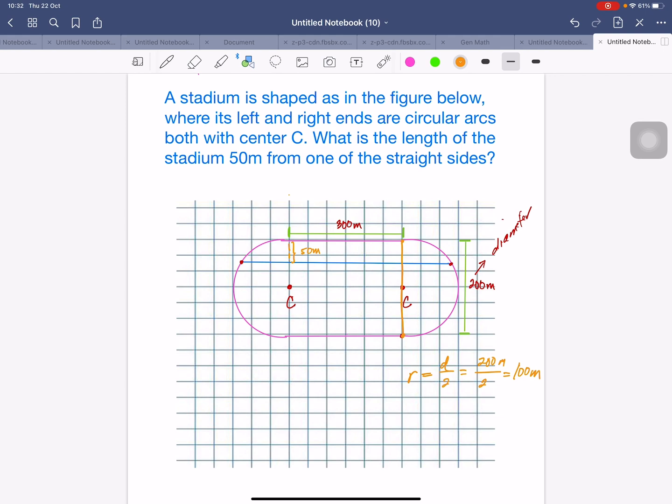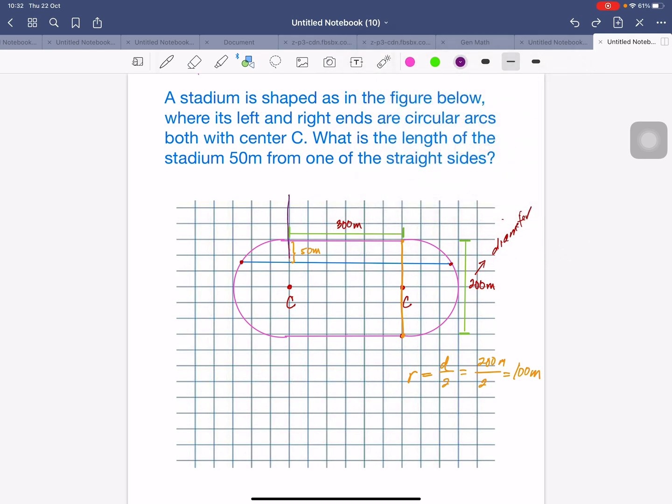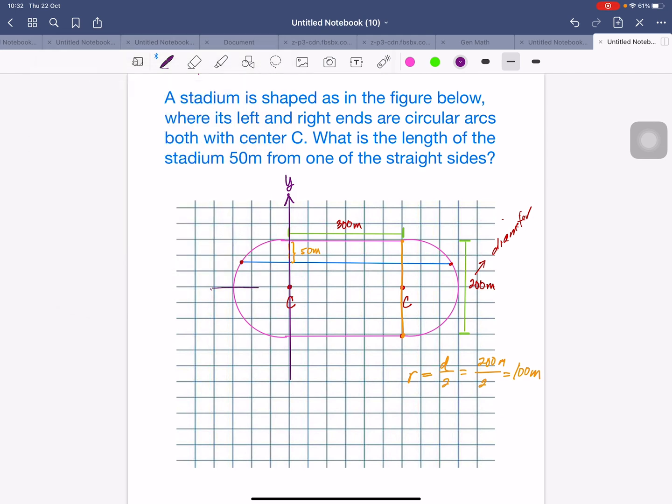Say this is your y-axis, and this is your x-axis.